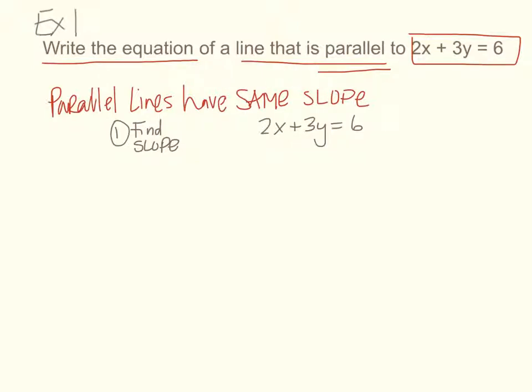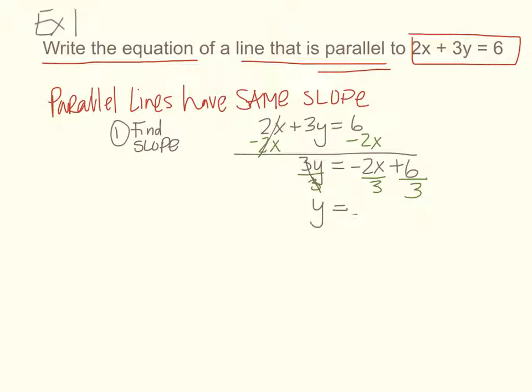So if I want to find the slope, I'm going to put this in slope-intercept form. So I'm going to subtract 2x from both sides, and I get 3y equals negative 2x plus 6. Then I'm going to divide by 3 because they're multiplying by 3. And I get y equals negative 2 over 3x plus 2.